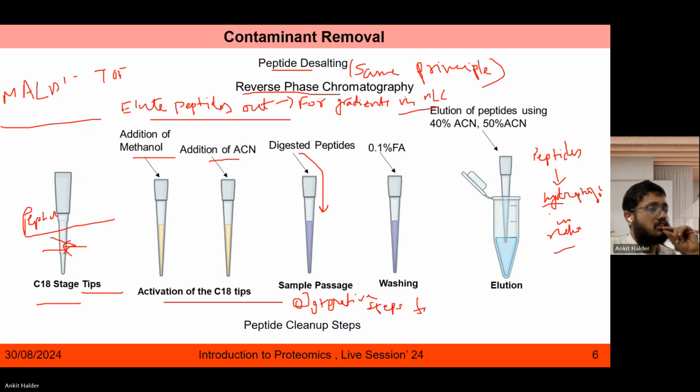5 to 6 times. So why are we passing it 5 to 6 times?